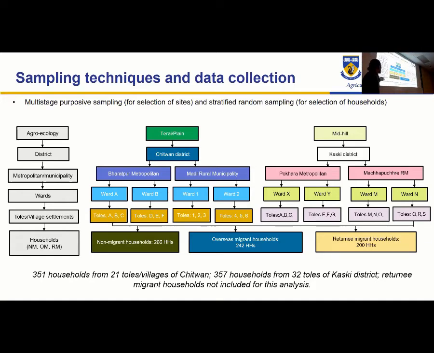And returning migrant households are those who have at least one member returned from overseas before 6 months of this survey. Altogether, we surveyed 266 non-migrant households, 242 overseas migrant households, and 200 returning migrant households. But for this analysis, we have not included returning migrant households.